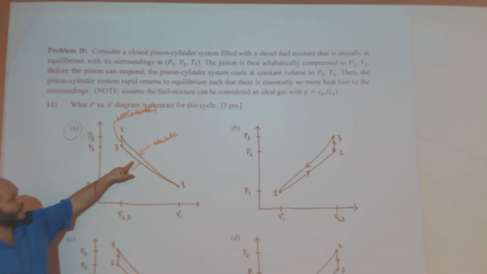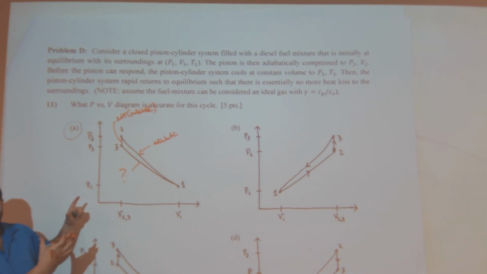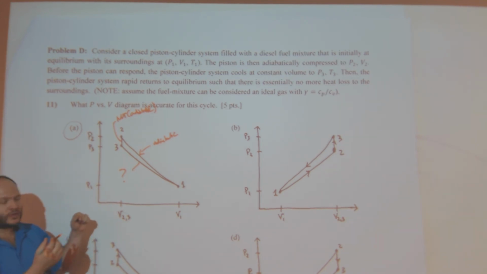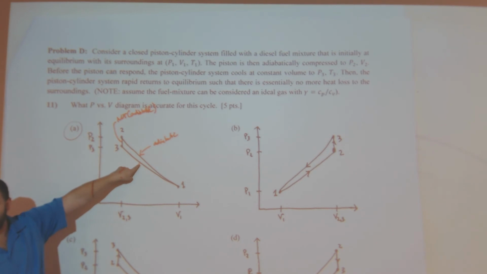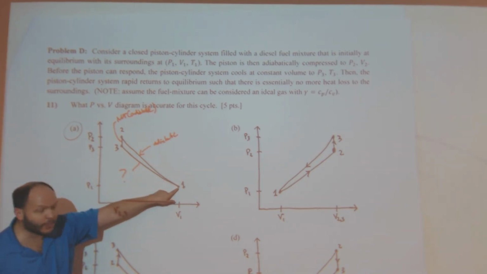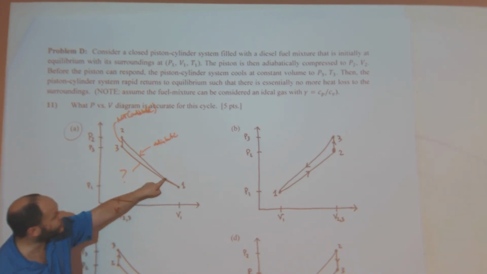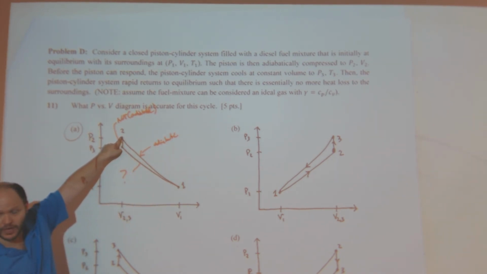I like this problem a lot because it's not until you go through the mathematics and try to solve for the area that you realize that this process, even though I can compress from equilibrium, so right here, remember, I'm at equilibrium, I can compress through an adiabatic process, okay?